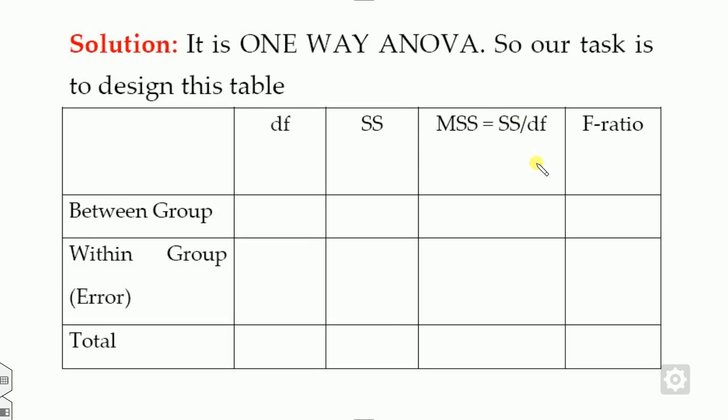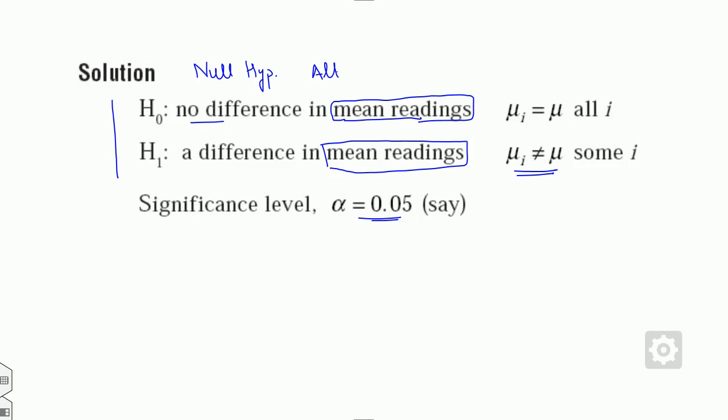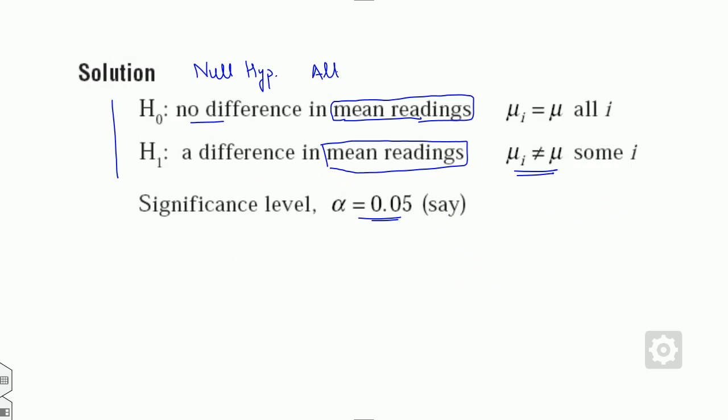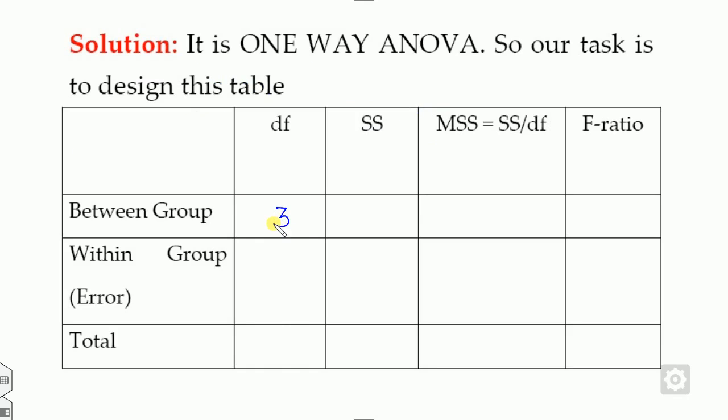So our task is to complete this one way ANOVA table. Always remember, students, always try to compute the DF first. Between the groups, how many groups are there? Here the group is the detergent. How many groups? 4. So the degree of freedom is 4 minus 1, which is 3.